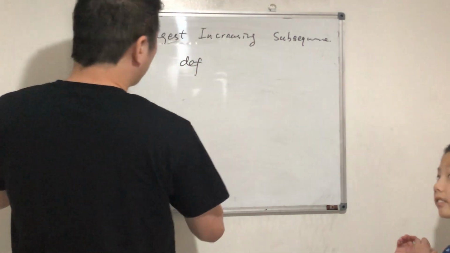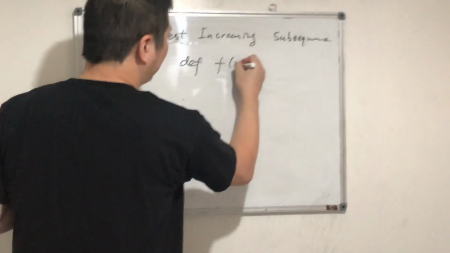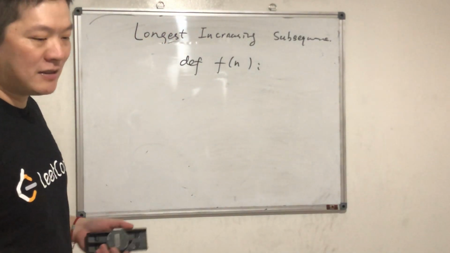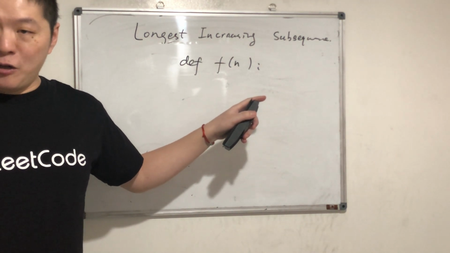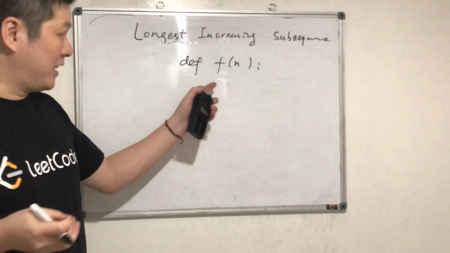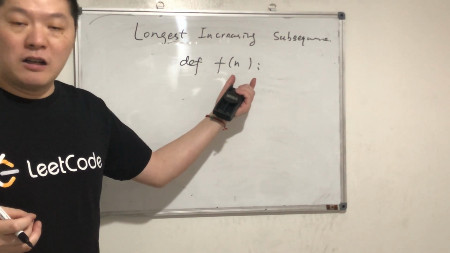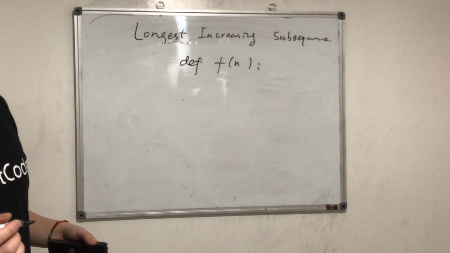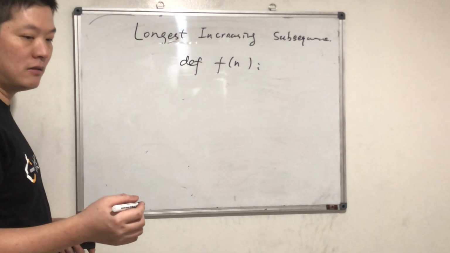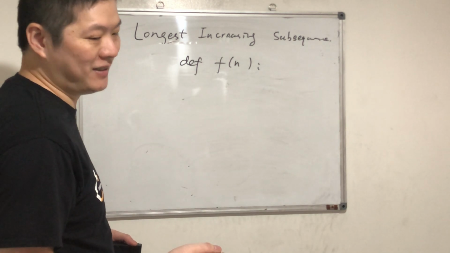Okay, so look, define Fn. Fn is the longest increasing subsequence ending at the nth number. The answer equals something.